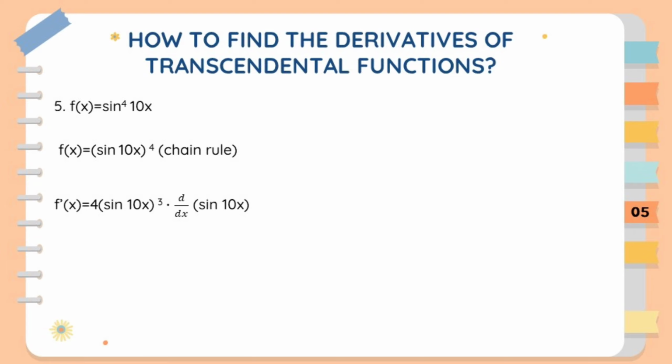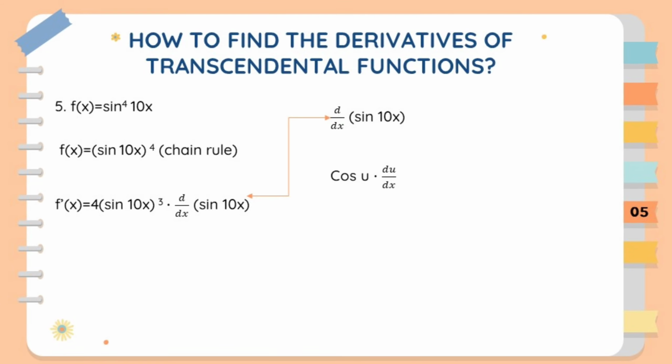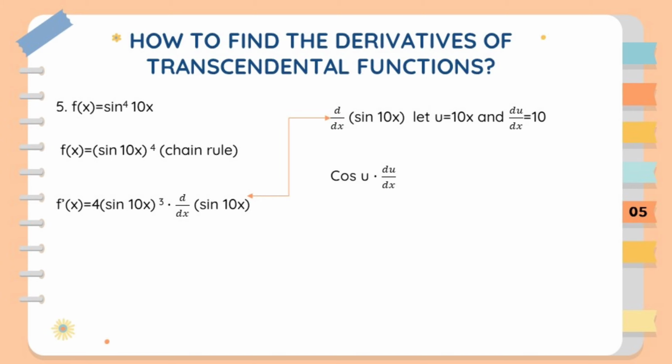Since we're finished with the first set, which is 4 quantity of sine 10x cubed, we just need to find the derivative of sine 10x. And we know that the derivative of sine u equals cosine u multiplied by du over dx, where let u be equal to the value inside, which is 10x, and its derivative. Solving its derivative, we will get 10, which is the value of du over dx.